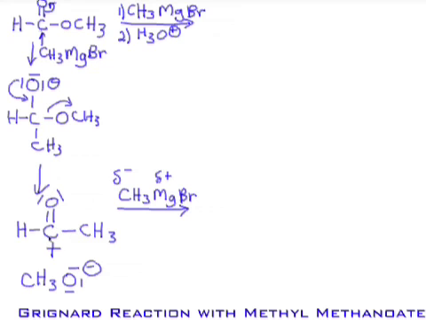That delta minus is attracted to the delta plus on the carbon, so this methyl minus comes in and attacks here, and the pi bond moves out again. Okay, are we going to reform the carbonyl? Is there anything we can kick off? Methoxide was a pretty powerful base. It's still left.